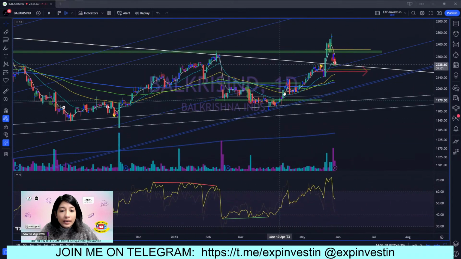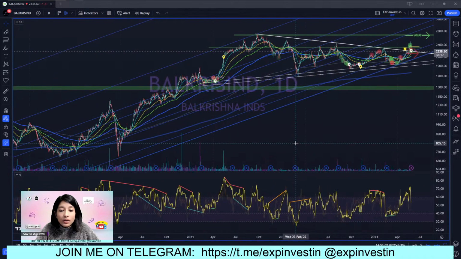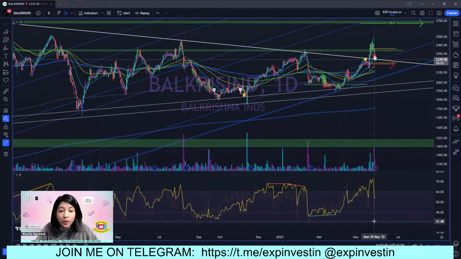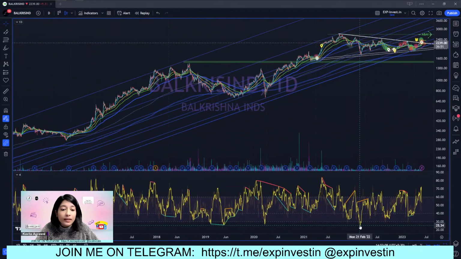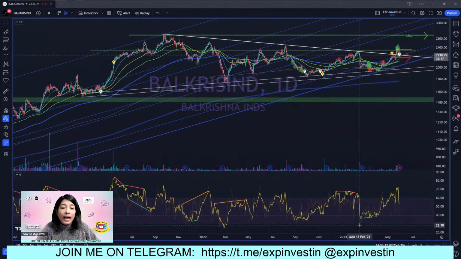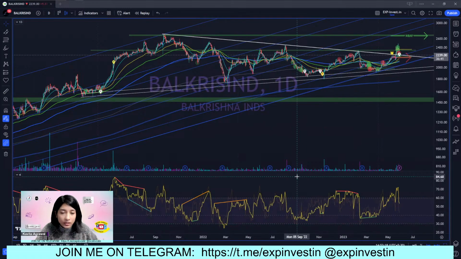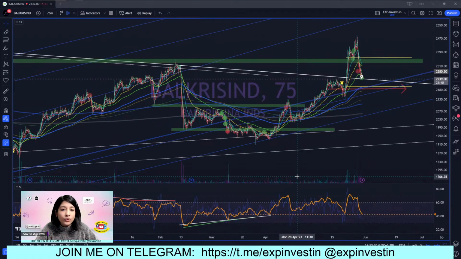Now, taking a closer look at the daily time frame, the RSI that you see here is telling us that there's a phenomenon called range shift. And as a technical analyst practicing since the last 10 years, I can tell you that there has been a positive range shift. I will not get into the details because honestly the session will just keep going on forever.